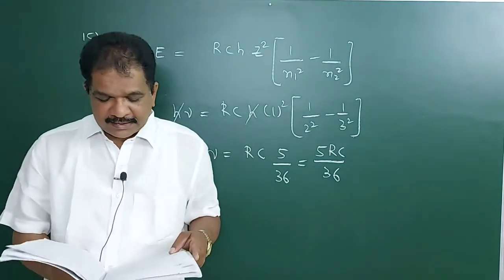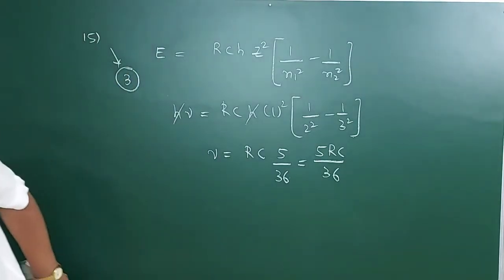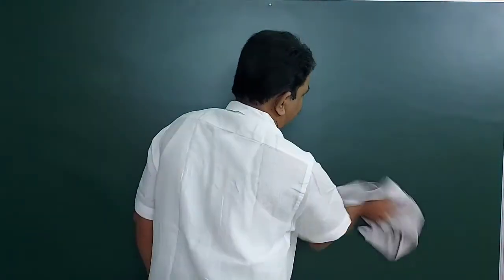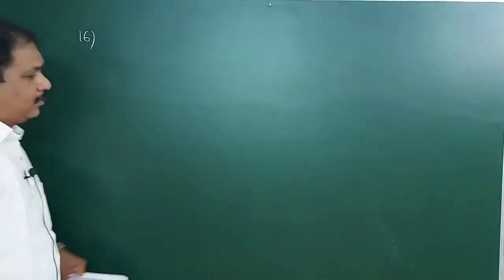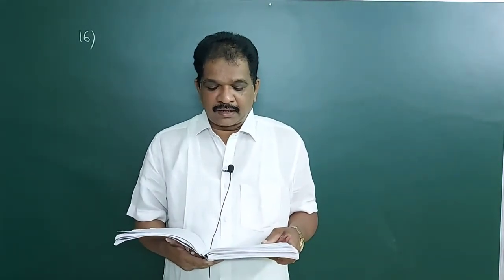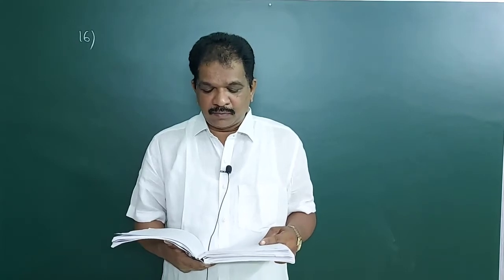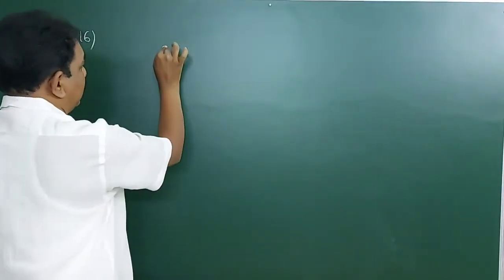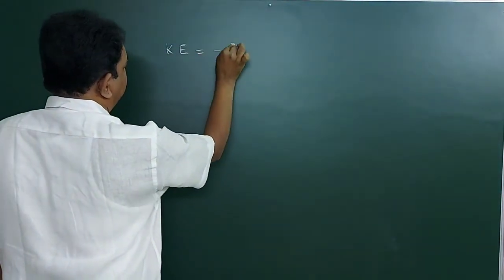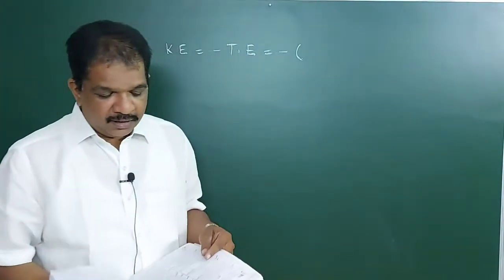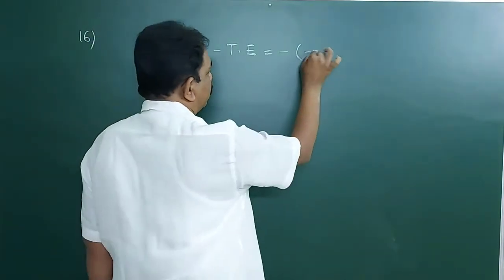Okay, next 16. All are simple questions. What they are asking, see, 16. Total energy of an electron is minus 3.4. What is its kinetic energy? What is its potential energy? KE is equal to minus total energy. Total energy, how much they gave? Minus 3.4.